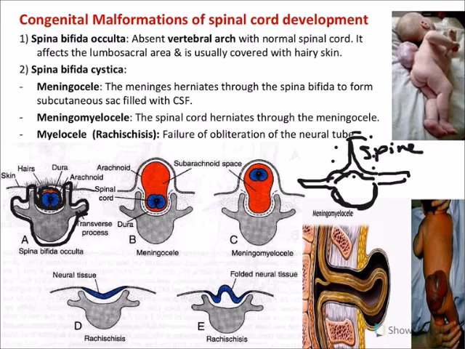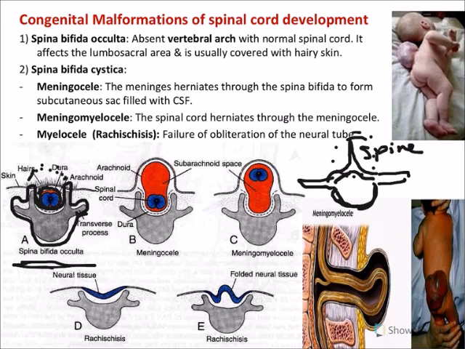The first type, and the most common type, is spina bifida occulta. In this type, the spinal cord lies inside the vertebrae, and there is absence of the posterior part of the vertebral arch.